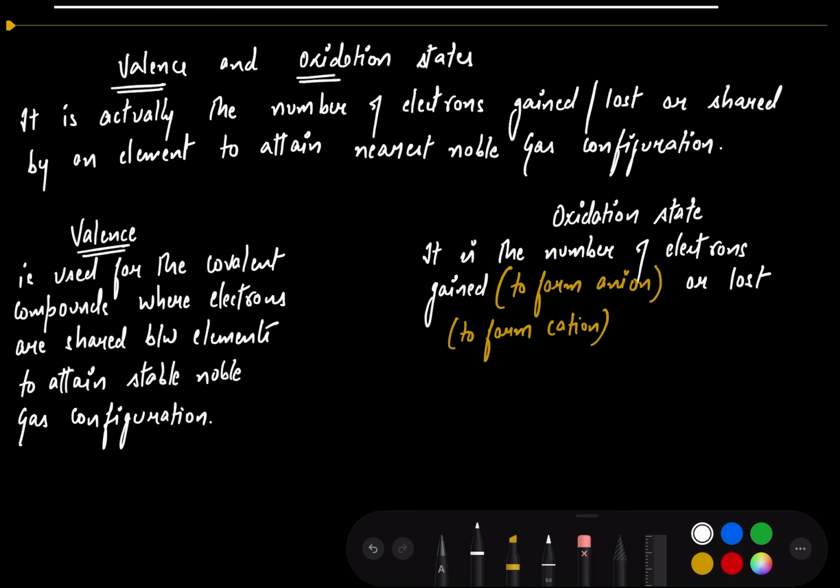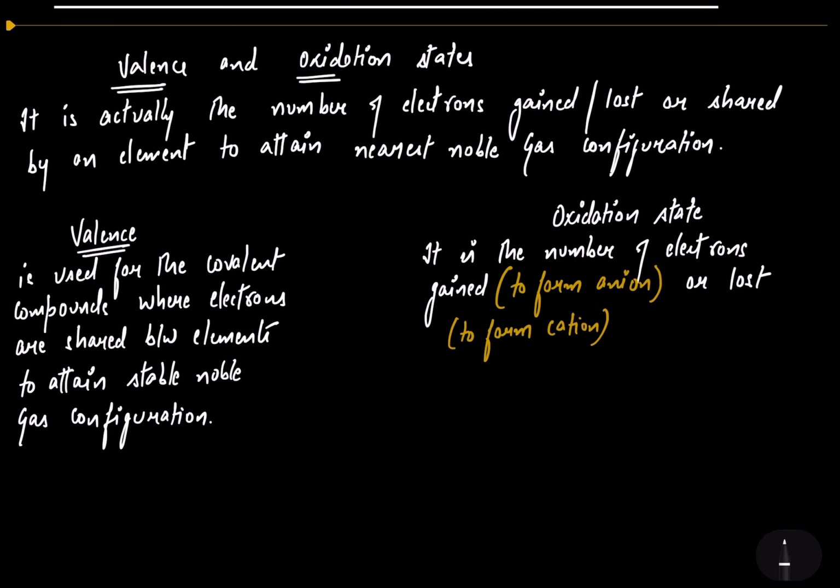It is the number of electrons gained or lost to attain the nearest noble gas configuration.